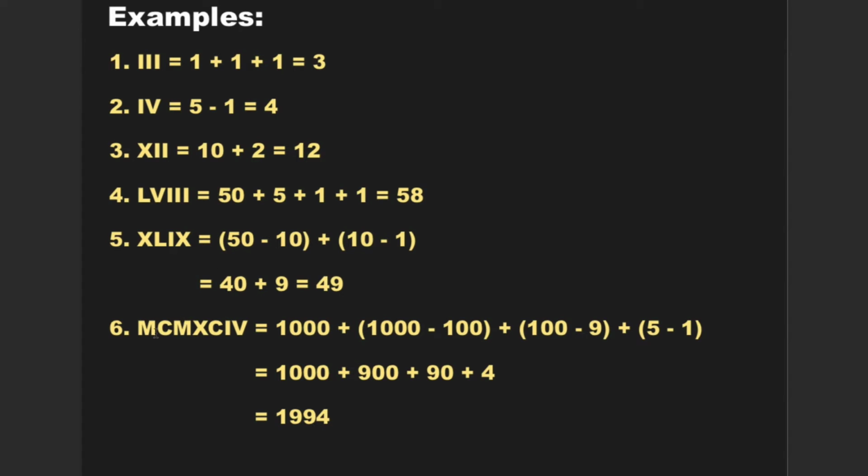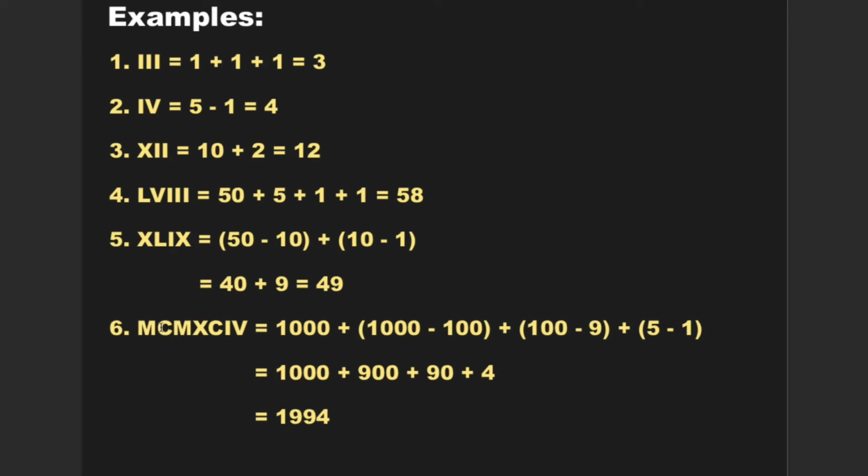Let's look at another example where the Roman number is MCMXCIV. The integer representation of this Roman number is as follows. M represents 1000, C represents 100 and M represents 1000.